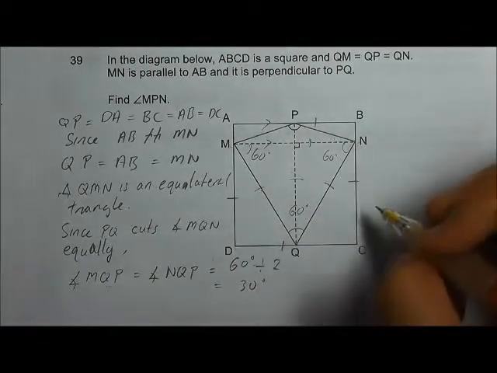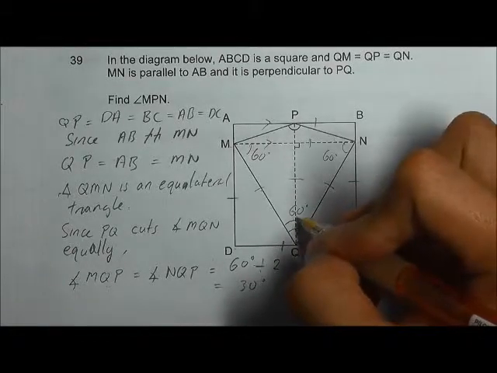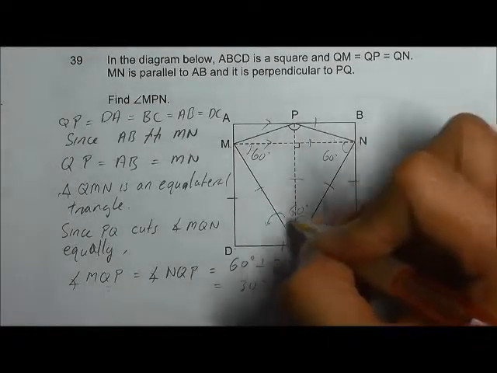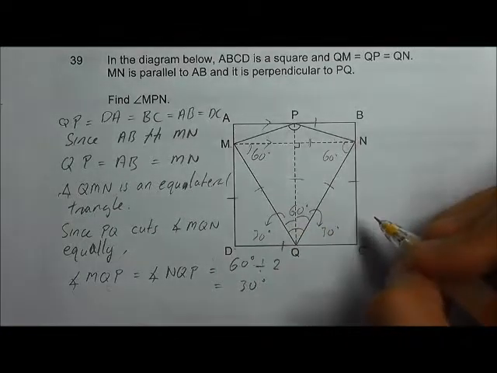That will be 30 degrees each. So we can say that this angle here and this angle here are both 30 degrees.